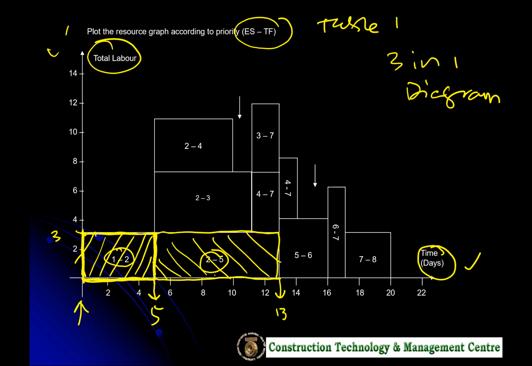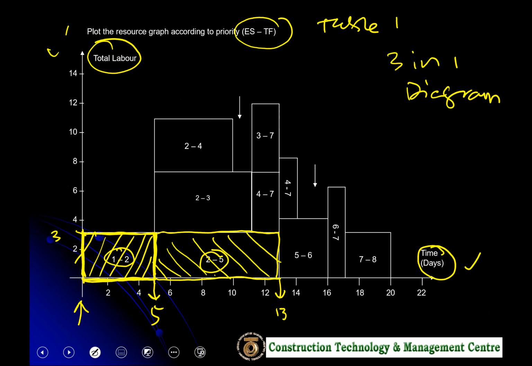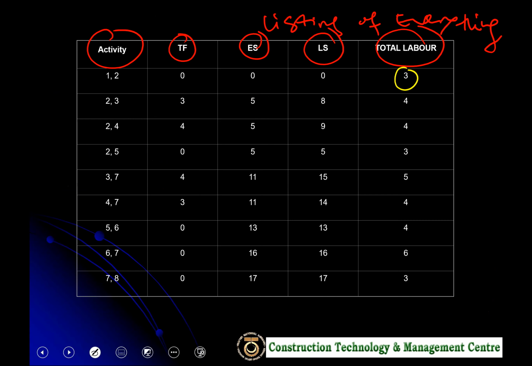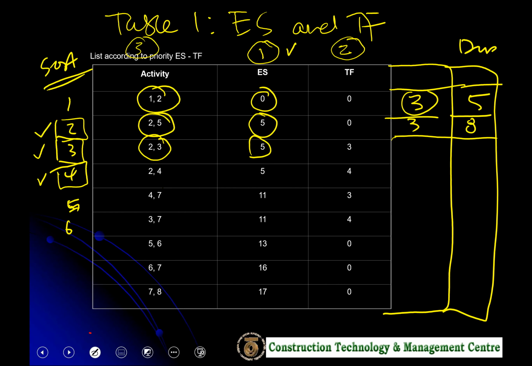Then you go back to the listing. Next would be 2.3. It starts on the same day, so it starts here on the same line. How many days? Activity 2.3 will be 6 days.